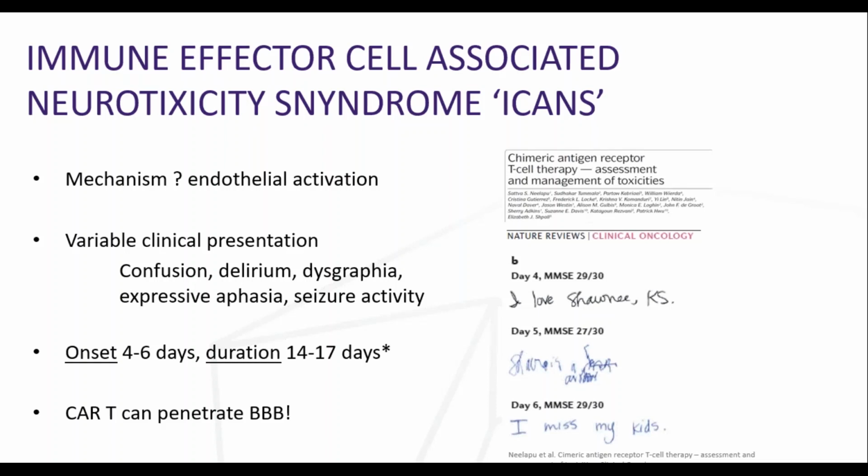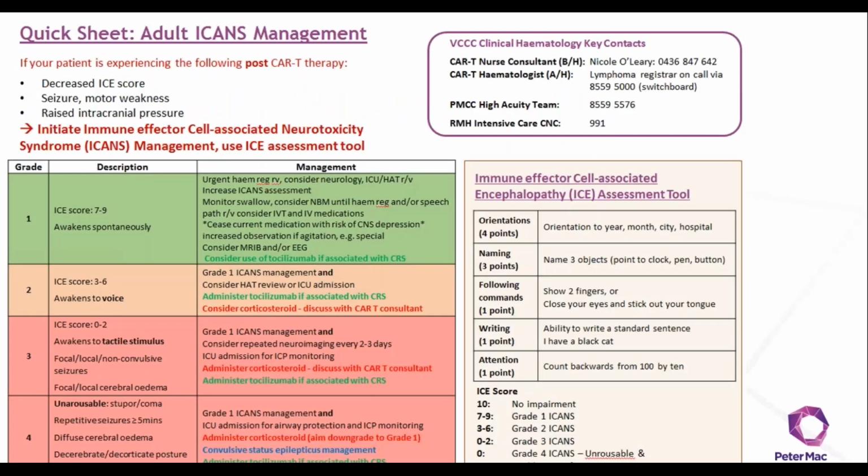And that's why the ASTCT consensus grading has included a handwriting assessment, and essentially for their assessment, they've harmonised a mini mental in some key elements for a grading assessment. Okay, I just always pop that in because I think it's a really good example of, although there's only a 2-point difference, dysgraphia is often the first sign of neurotoxicity in these patients.